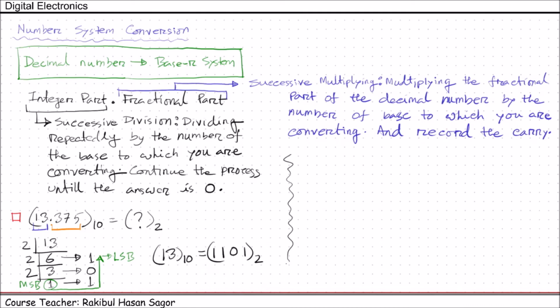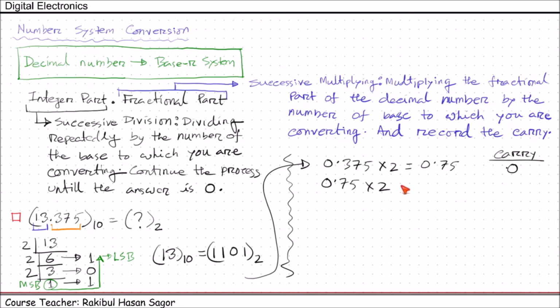So if we write here, we are coming from here to here. 0.375 into 2 is equal to 0.75. Here the carry is 0. So let's write the carry here. Carry is 0. We should keep multiplying this value until we get the result equal to 0. So 0.75 into 2, the value becomes 1.5.